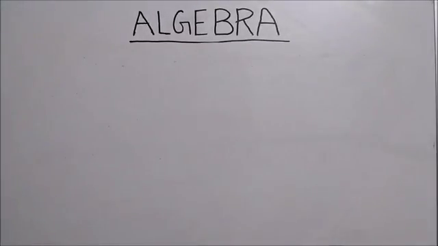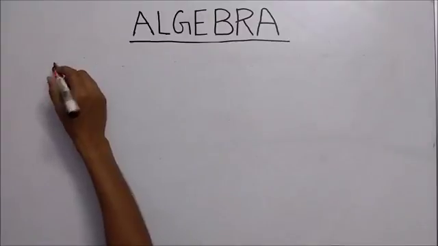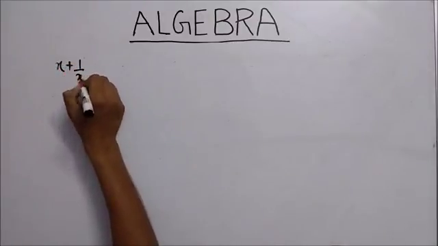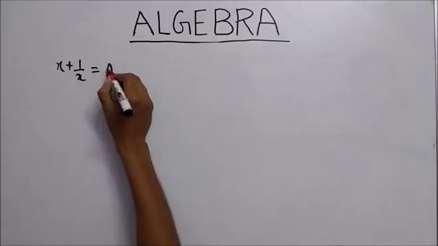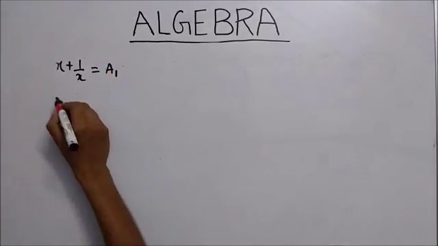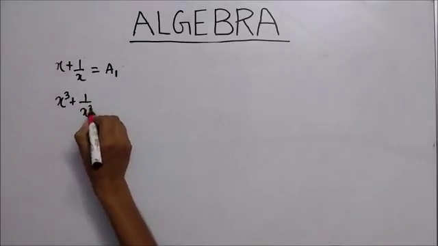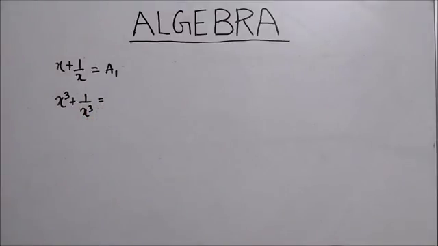Now, we will learn the second formula. Whenever you see x plus 1 upon x is equal to a1 in the question, and you have to find out x cube plus 1 upon x cube, there are two methods.